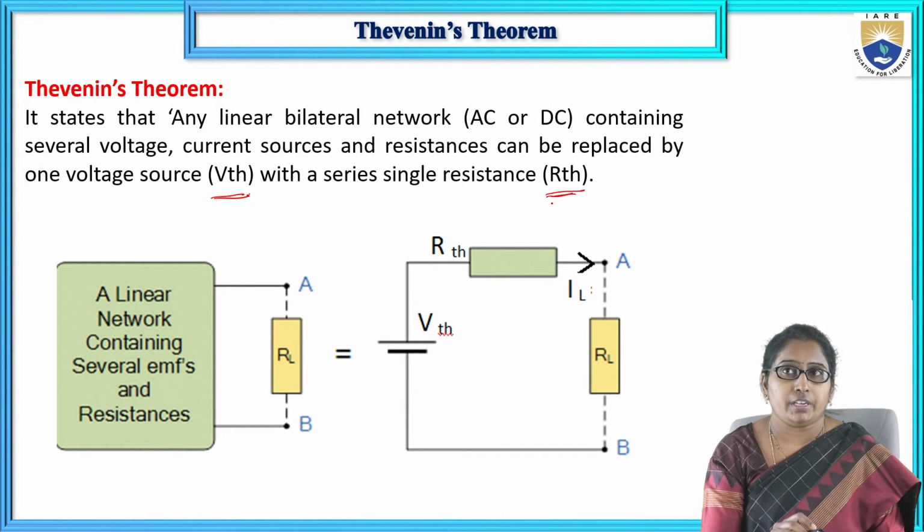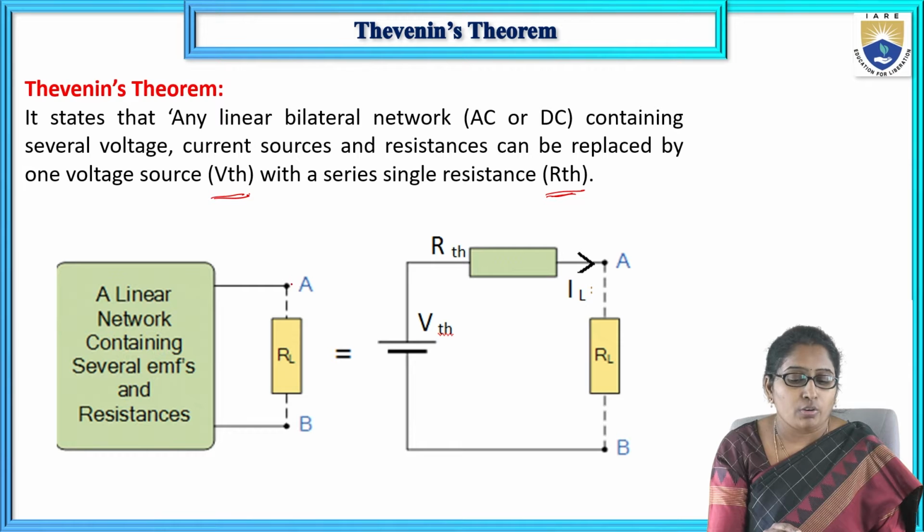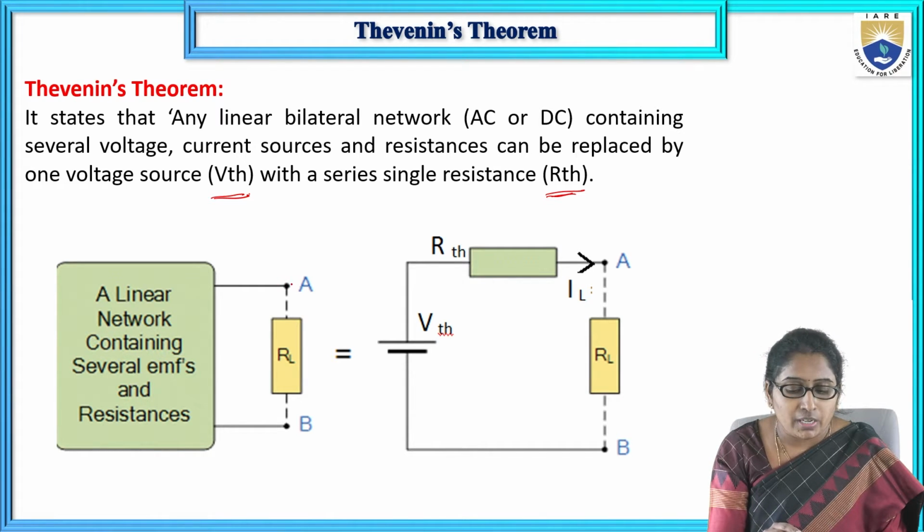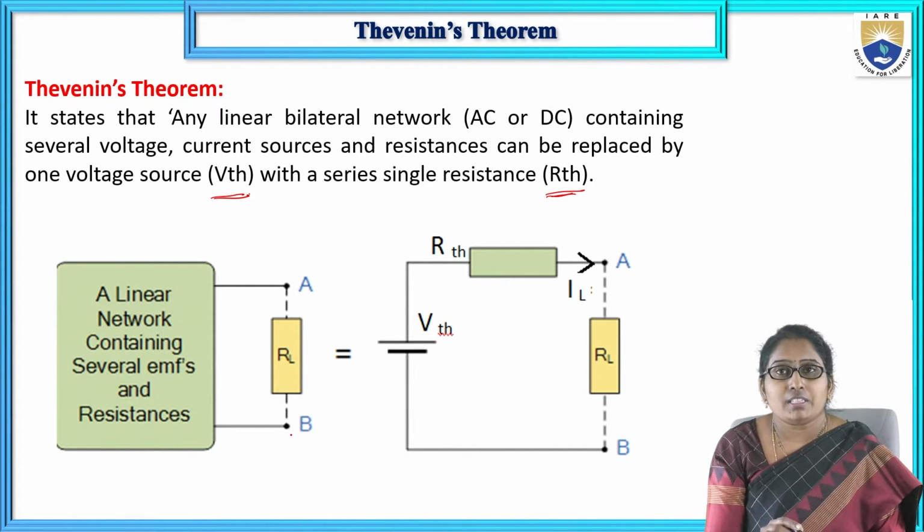So here it is shown. You can look at this picture here. A linear network containing several EMFs and resistances, and at its output terminals A and B, there is a load resistance RL.